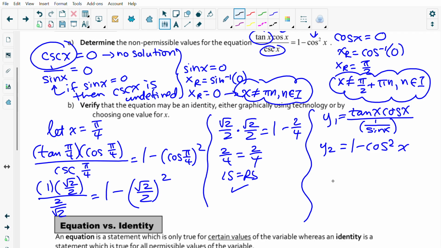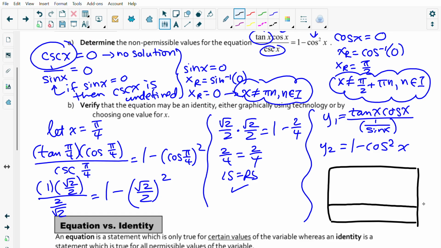And what you're looking for is, do the two graphs coincide when you graph y1 and y2? Of course they do. So this is the y-axis, and then the graph I get looks something like this. And then when you graph, the two graphs will coincide. Okay, so that's how you know that the identity is true.